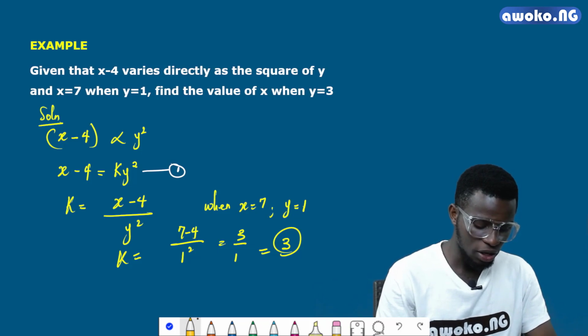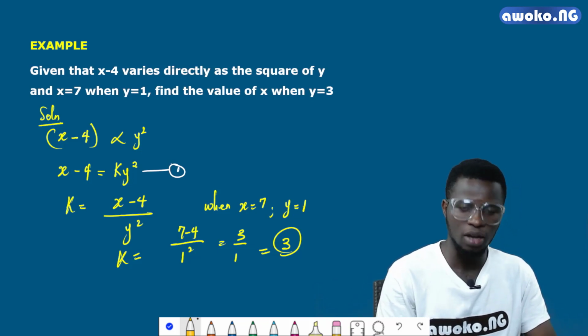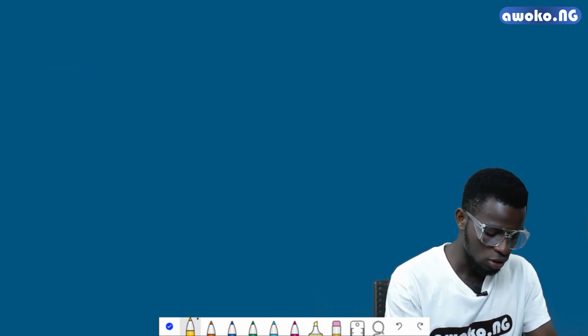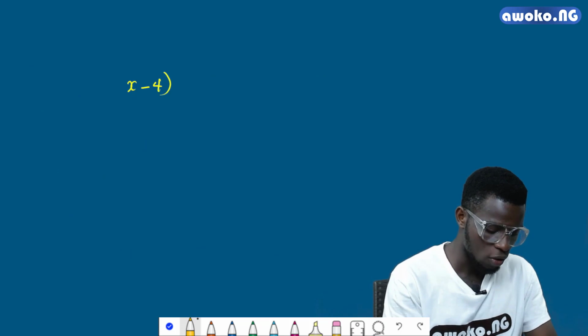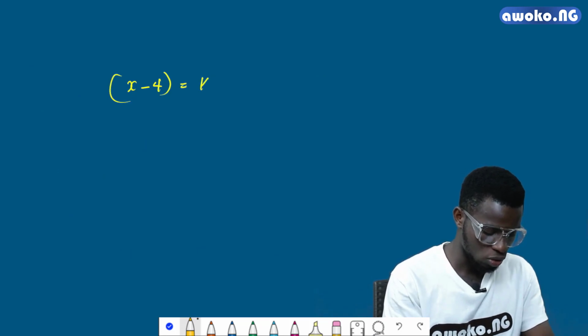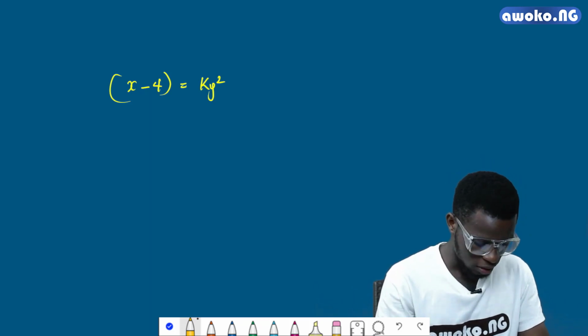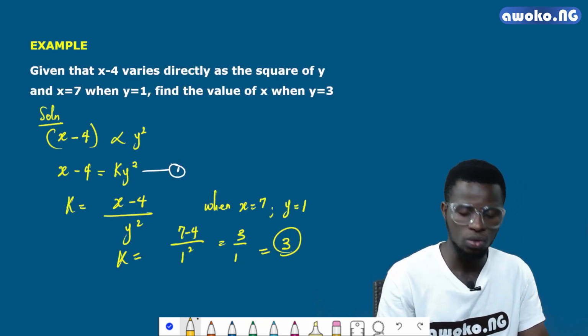Then the next step is to substitute this value of k into equation 1. Equation 1 is x minus 4 is equal to ky squared, and we said from the previous slide that k is equal to 3.